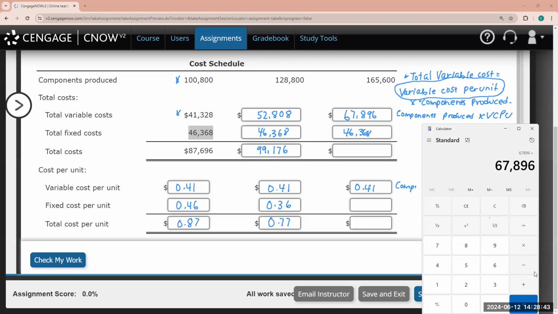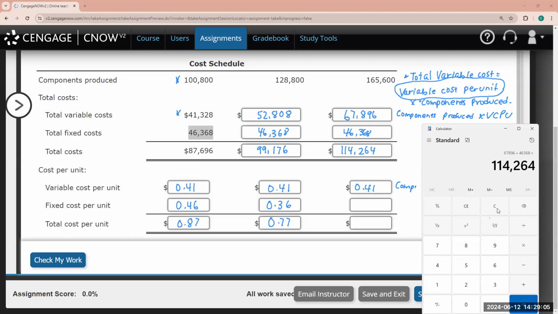We add our total fixed cost of $46,368. And that gives us a total cost of $114,264.